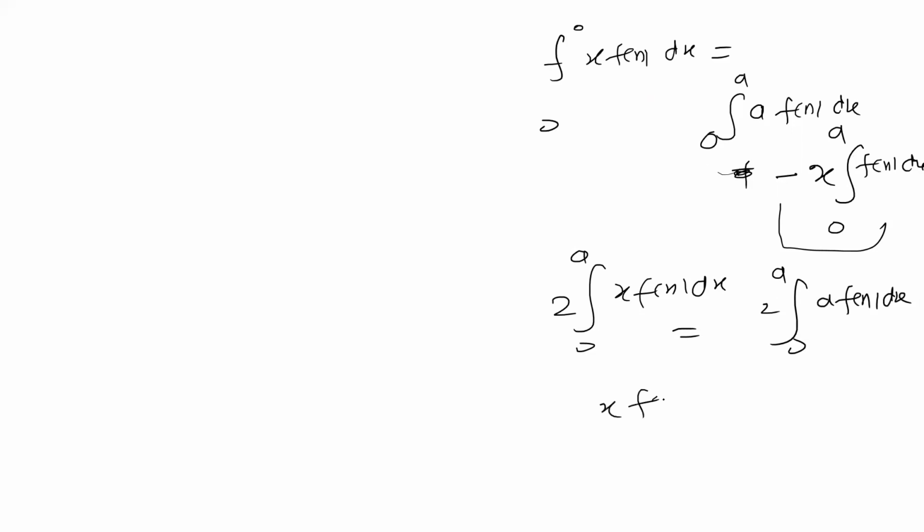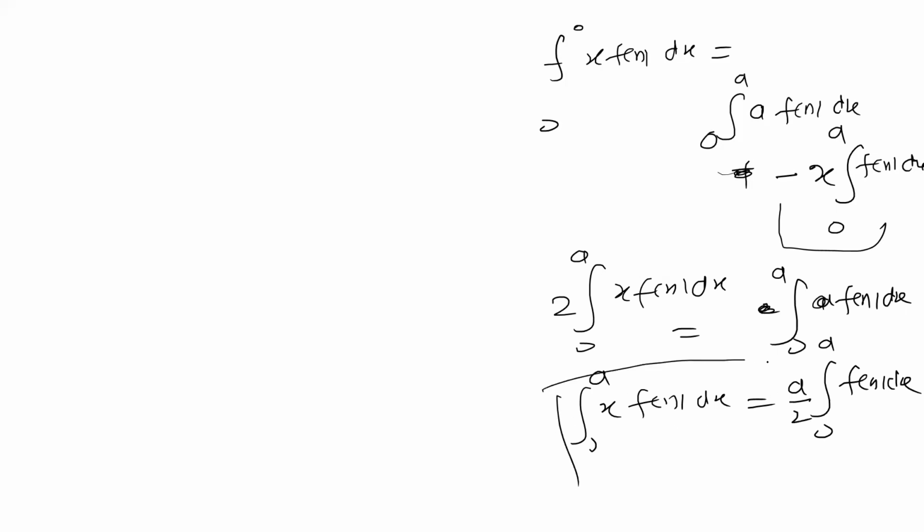Then a you can take outside, the integral from 0 to a of f(x) dx. Here is 2 and you divide by 2. So this is a very good property, very effective in terms of eliminating the algebraic function.